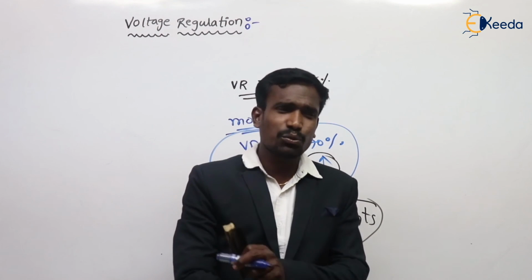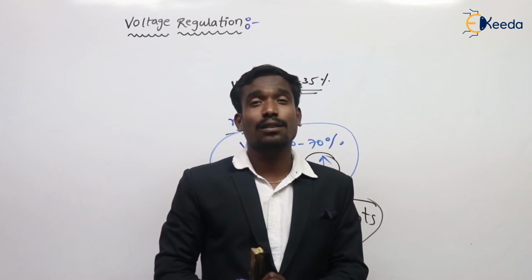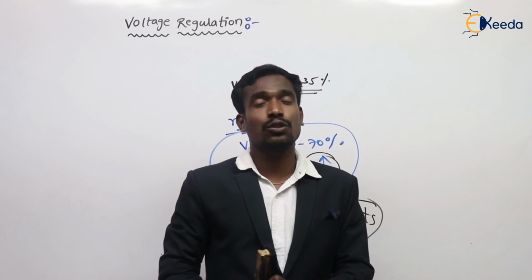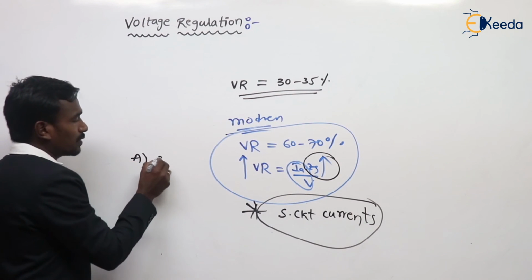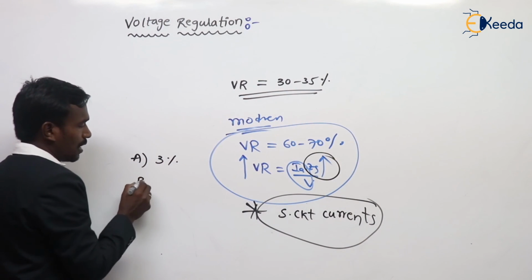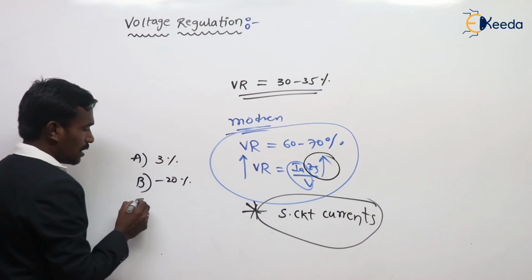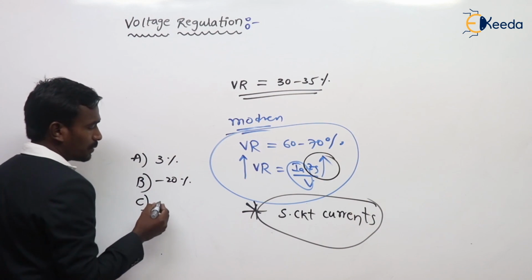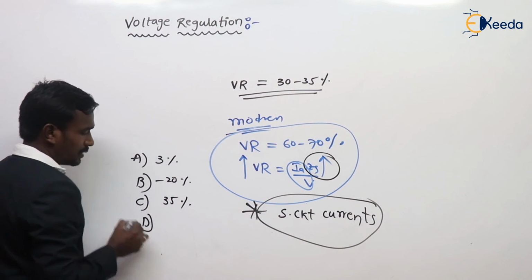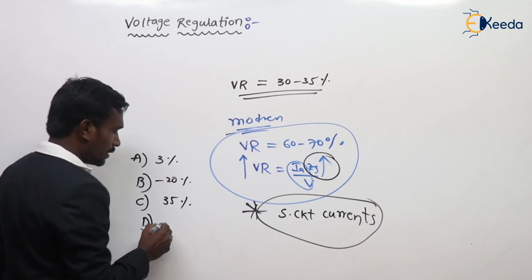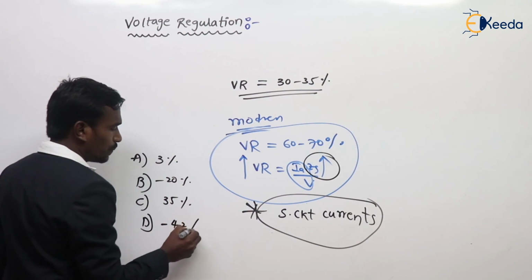This is a very simple question. Final question. Option A, 3%. Option B, minus 20%. Option C, 35%. Option D, minus 42%.